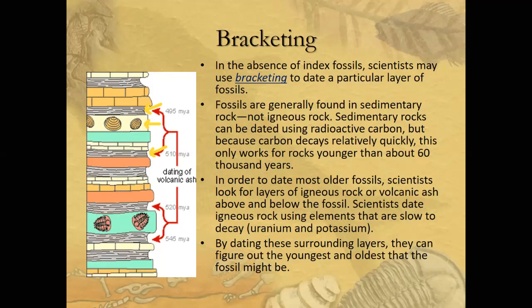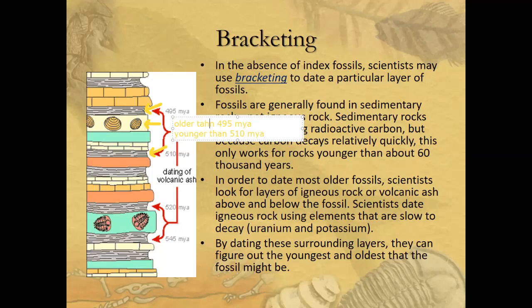So while we can't get an exact date for this particular rock layer, what we can do is say, I know that it has to be older than this because it's below it, and it has to be younger than this because it's above it. So the age for this particular sample would be something like older than 495 million years ago, but younger than 510 million years ago.